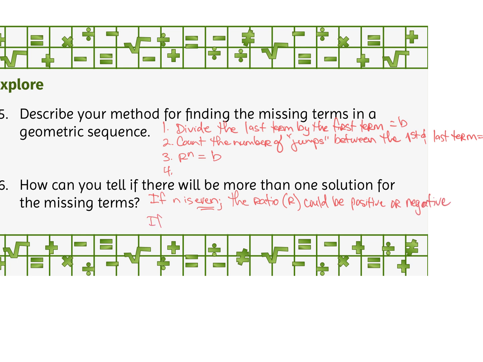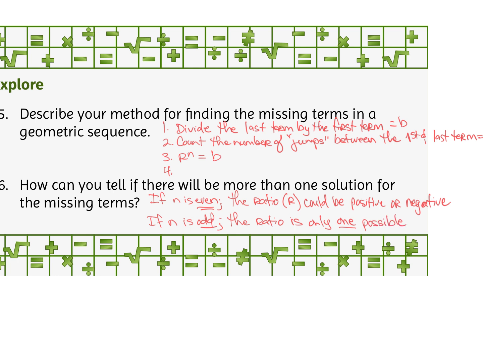And if N is odd, the ratio has only one possible answer.